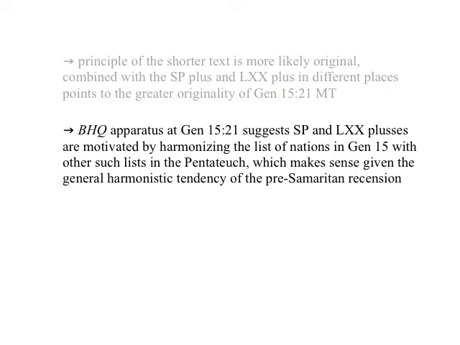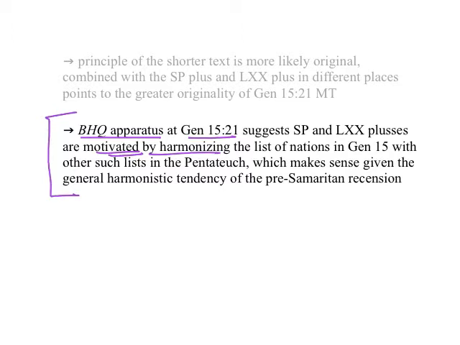And this is essentially the judgment given by the BHQ apparatus, that the MT version of Genesis 15:21 is likely more original. And so we can see what the suggested motives are for making the plus, both in the Septuagint and the Samaritan Pentateuch.